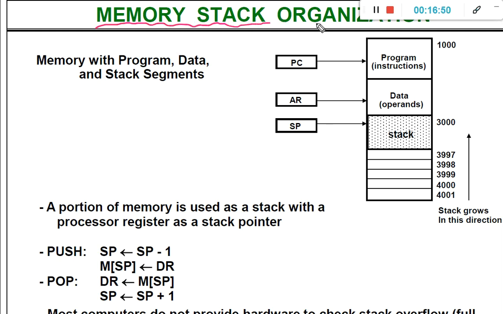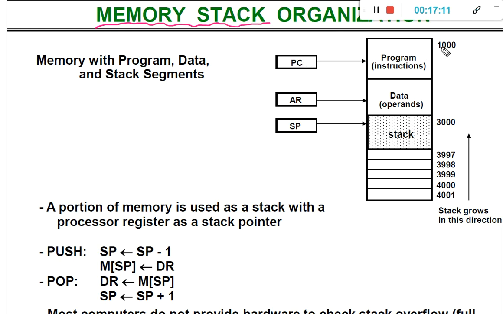Memory stack means you are going to reserve some space in the main memory, which is attached to the computer system as a separate component. Main memory is nothing but the RAM. Now you are going to bifurcate the main memory into 3 different parts.